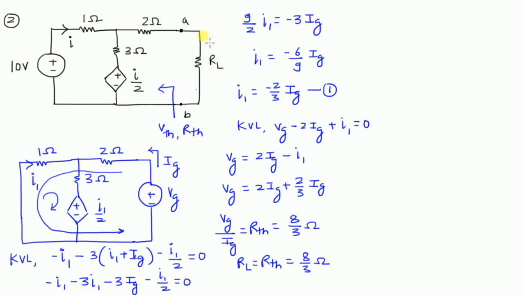For VTH we will simply remove RL, and the voltage between A and B is VTH.